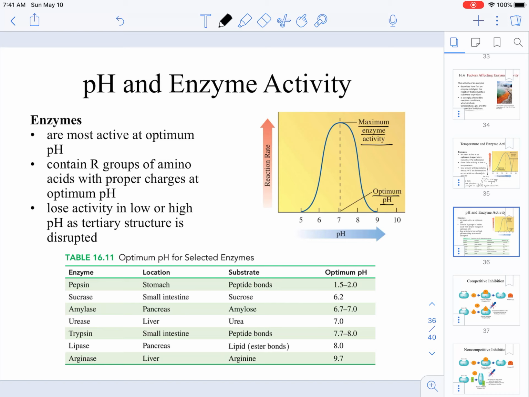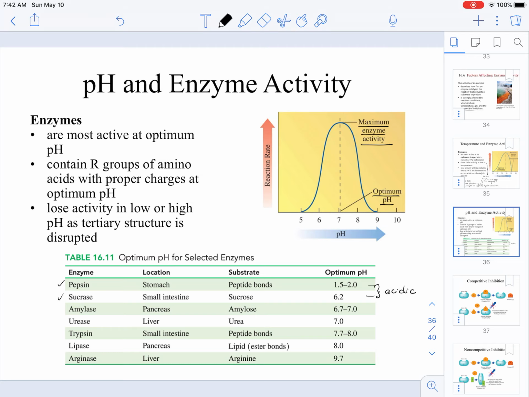Now, to illustrate how different enzymes work under different pH conditions, we can see in table 16.11 the optimum pH for selected enzymes. This table demonstrates that we have enzymes that work efficiently under acidic pH, and we can notice that in pepsin and sucrase, because their optimum pH is in the acidic range.